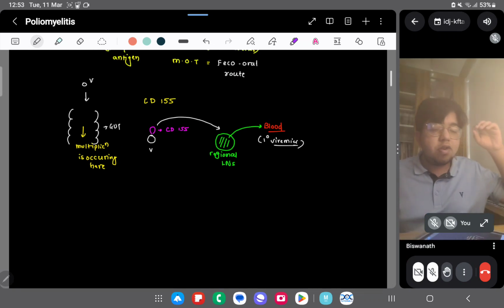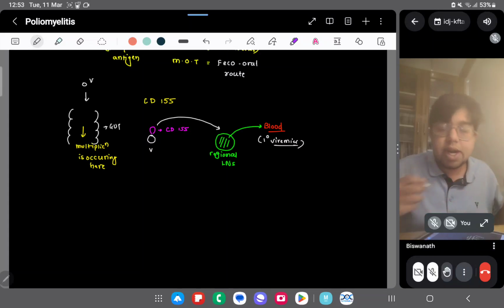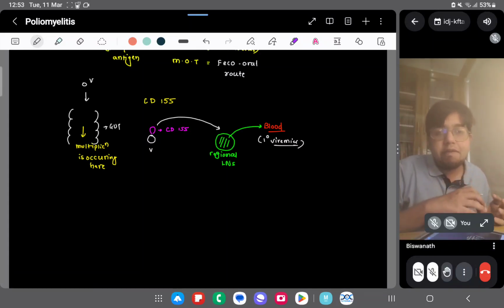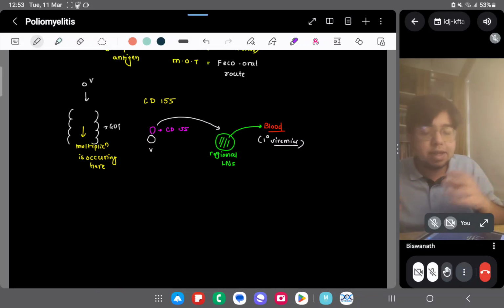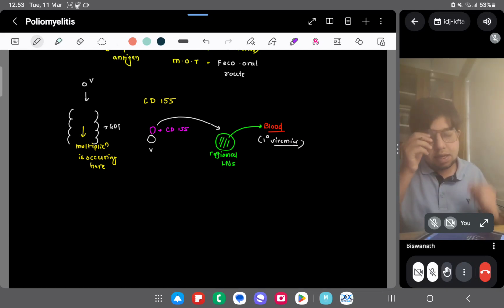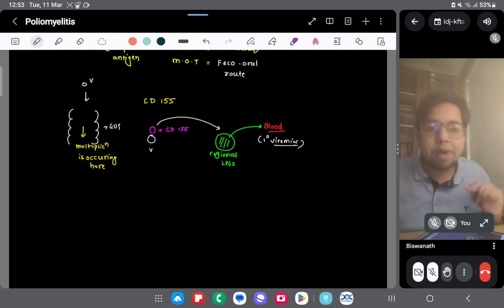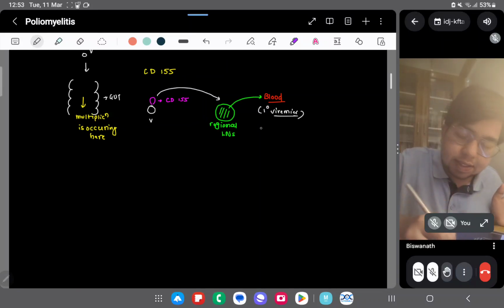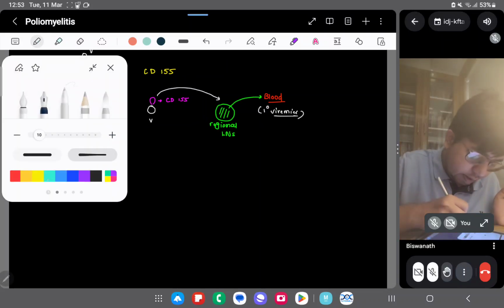So I told you it goes to the gut via the fecal route, it enters the gut and multiplies here via CD155. It moves to the regional lymph node, and via the regional lymph node, it moves to the blood. This is the first time the viruses are entering the blood, so it is the primary viremia, right? And this virus is now circulating in the blood. Let's assume this is the bloodstream.